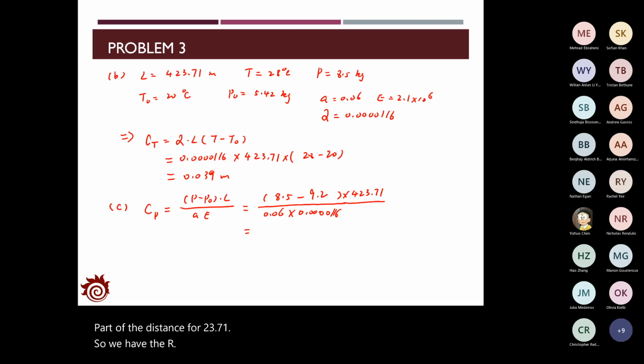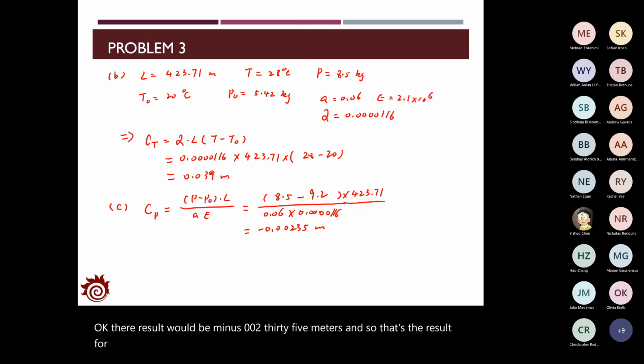Okay, we have the result. The result would be minus 0.00235 meters, and that's the result for the correction of the tension.